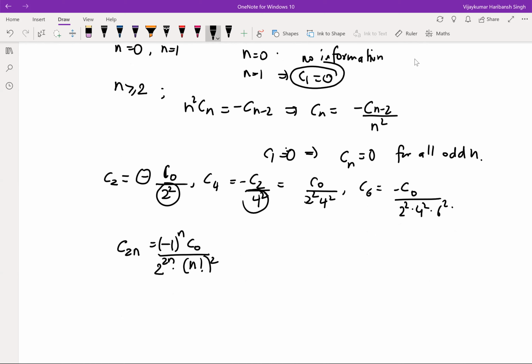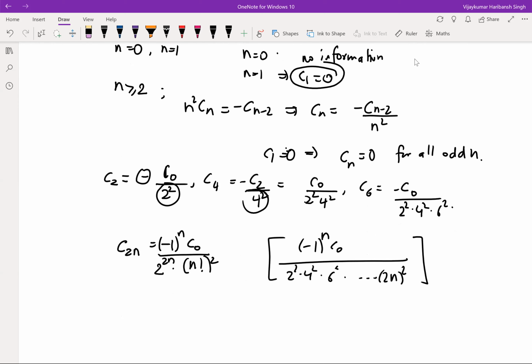Why is that? Notice that this is the same as minus 1 to the power n C0 over 2 squared, 4 squared, 6 squared, dot dot dot, 2n squared. If you take 2 squared common from each of them, you get 2 to the power 2n, and what is left in the bracket? 1 squared, 2 squared, 3 squared, up to n squared, and that can be written as n factorial squared.